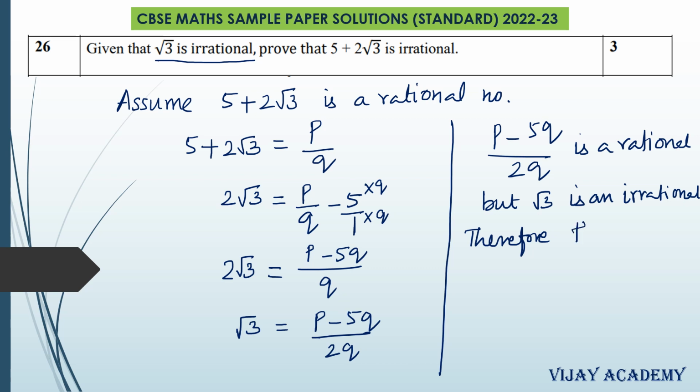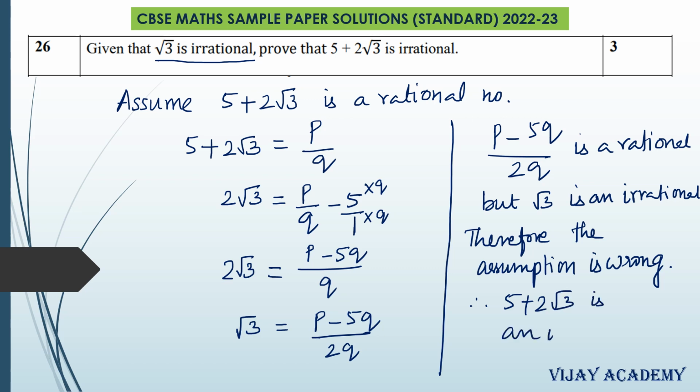Since the assumption is wrong, we can write that 5 plus 2 root 3 is irrational. Therefore 5 plus 2 root 3 is an irrational number.